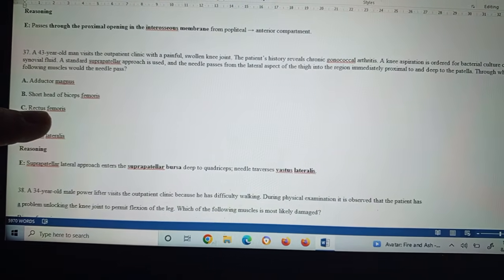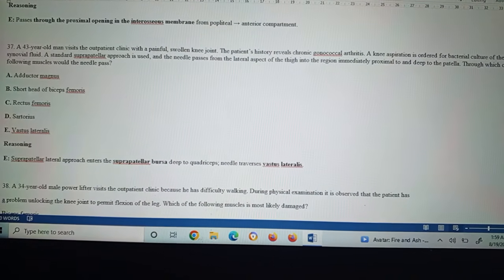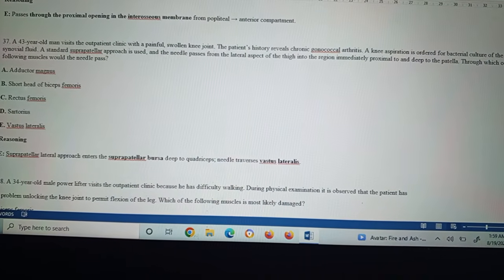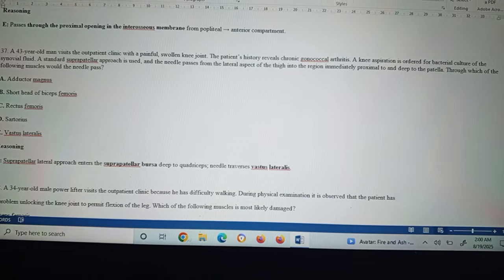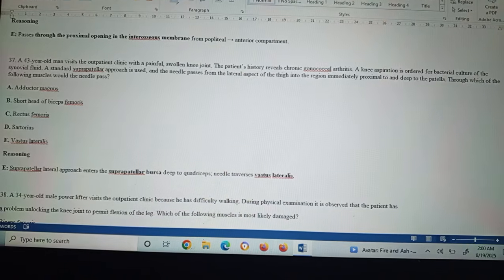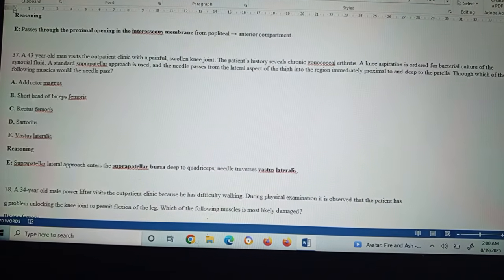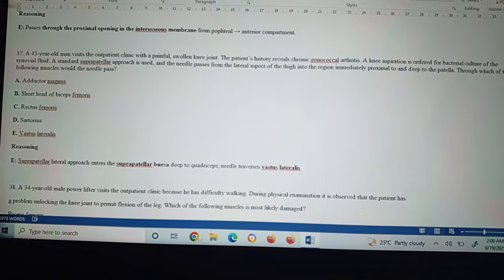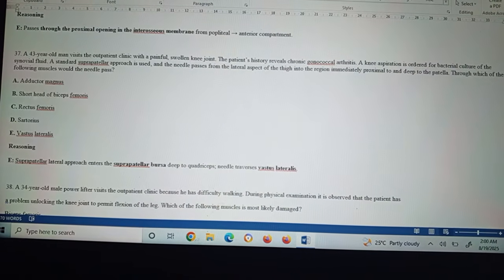Now comes to question number 37. A 43-year-old woman visits the outpatient clinic with a painful swollen knee joint. The patient's history revealed chronic gonococcal arthritis. A knee aspiration is ordered for bacterial culture of the synovial fluid. A standard suprapatellar approach is used, and the needle passes from the lateral aspect of the thigh into the region immediately proximal to and deep to the patella.